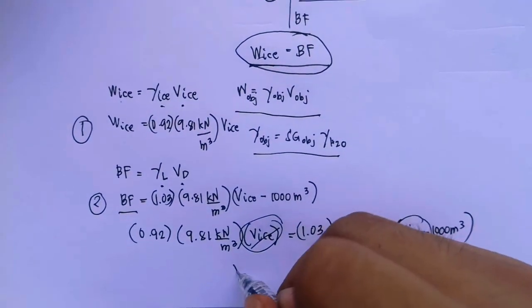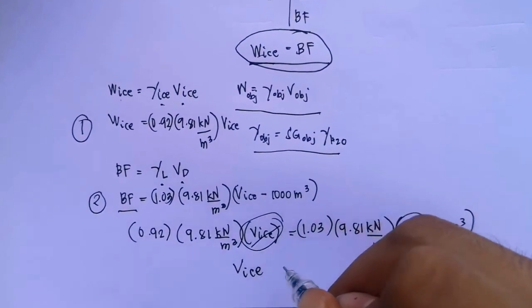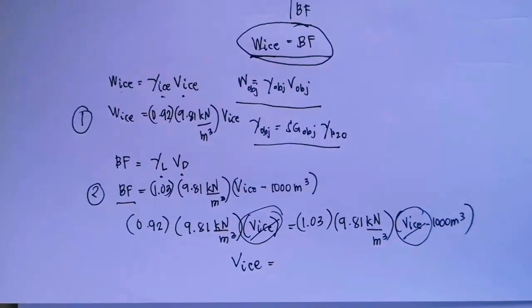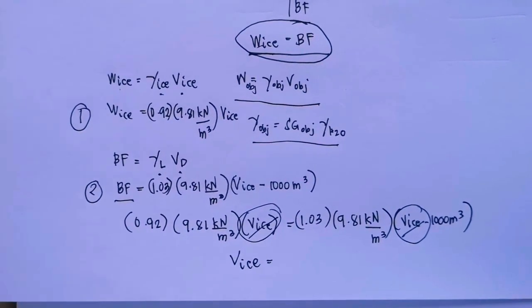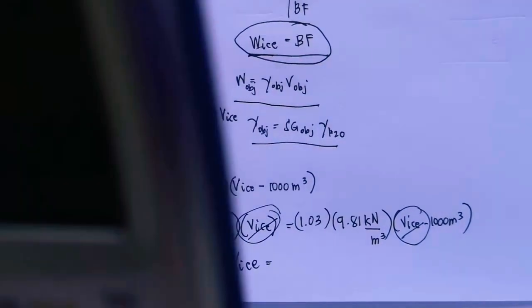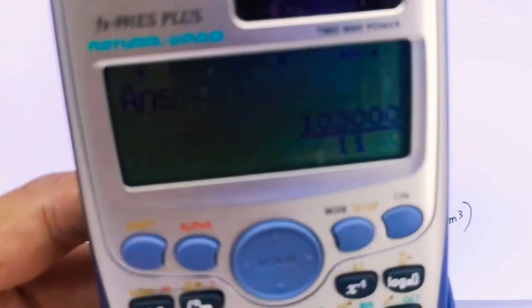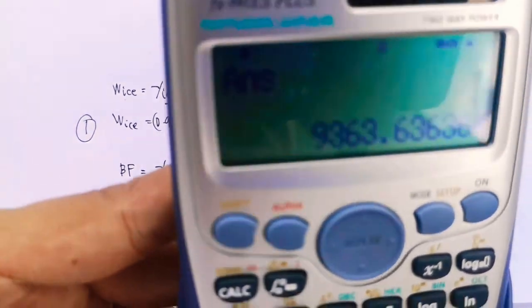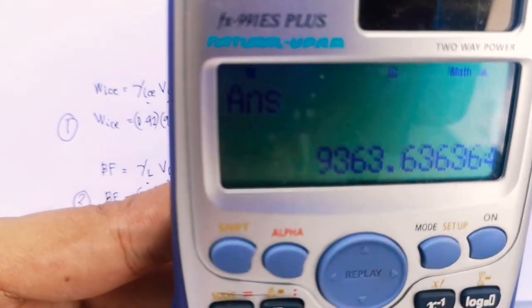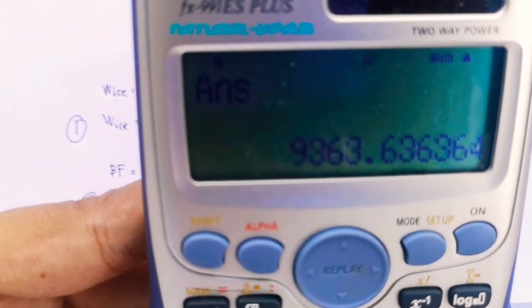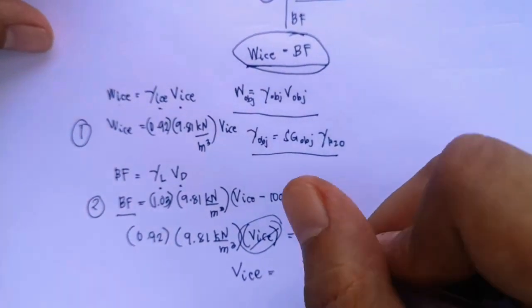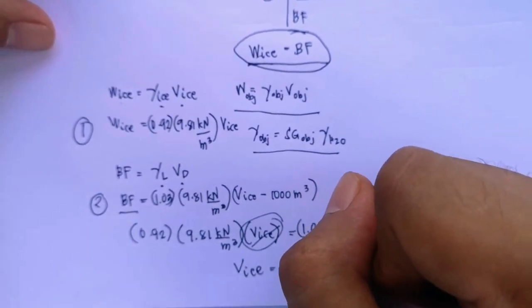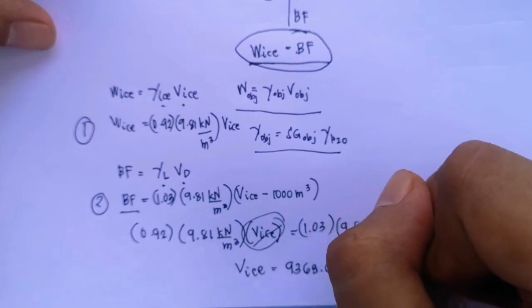So, solving for the volume of the ice using your calculators, we can compute that the volume of the ice, okay, ito yung lumalabas na answer. So that is 9363.64. So ibig sabihin, the volume of the ice is 9363.64.